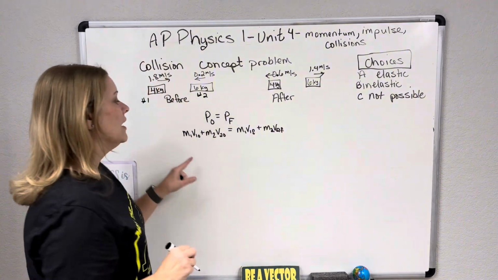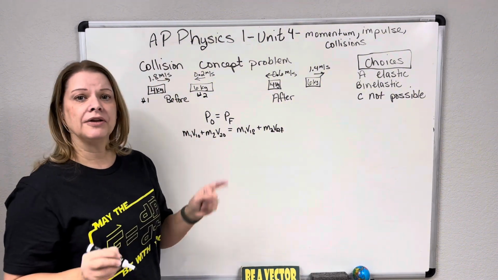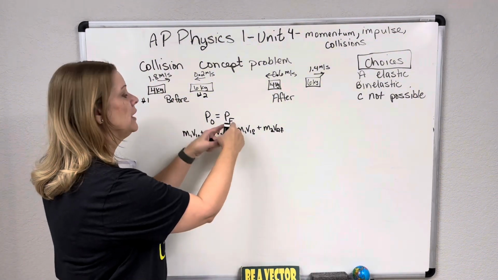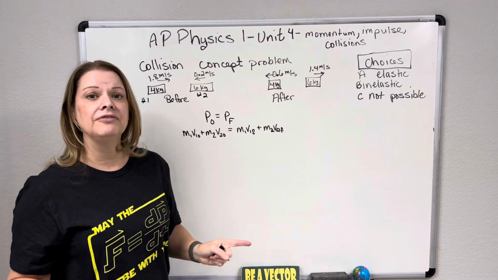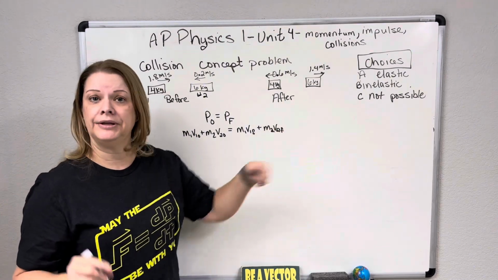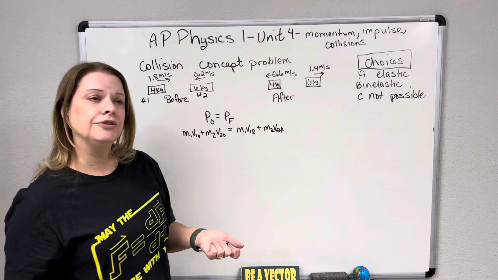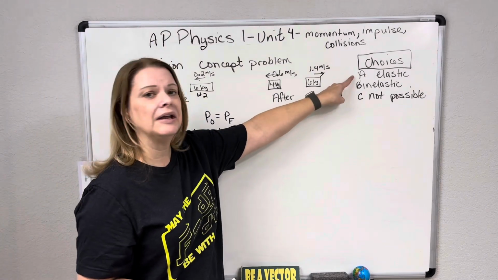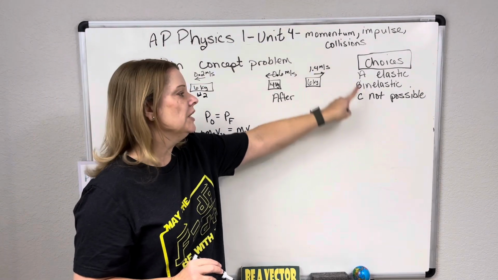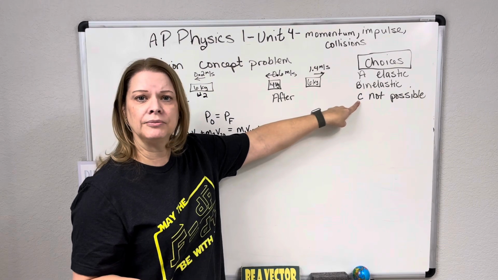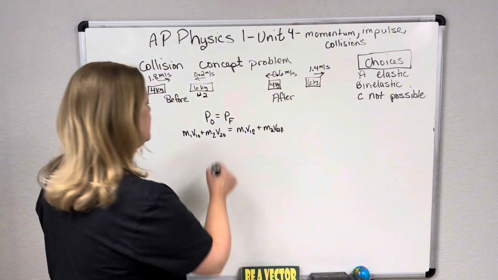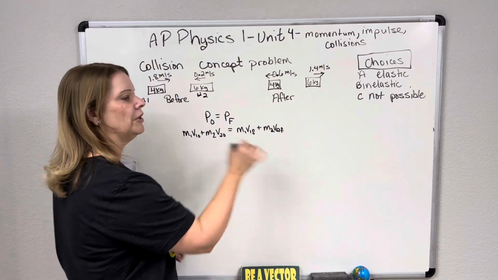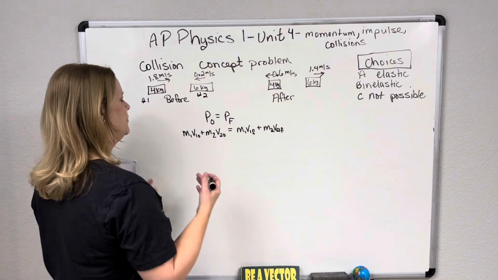There you go. Now they're going to want to know if this is possible. Well, if momentum before equals momentum final, then it's definitely possible, and we rule out C. That's the first thing you need to do. There's no point in jumping to kinetic energy and seeing if it's conserved, if the collision is not even possible in the real world. So in other words, I'm looking for a number over here to equal a number over there. Conserved means stays the same.